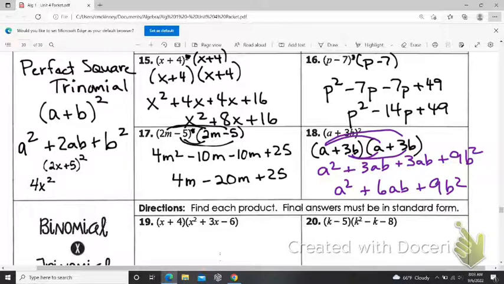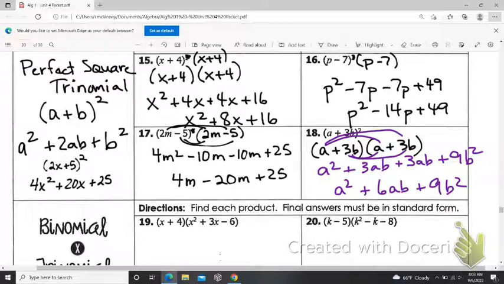In the middle, 2x times 5 is 10x, but I double it to get 20x, and then 5 squared is 25. So, it can be faster, but if faster means you're forgetting the 20x in the middle, it's not a good idea.